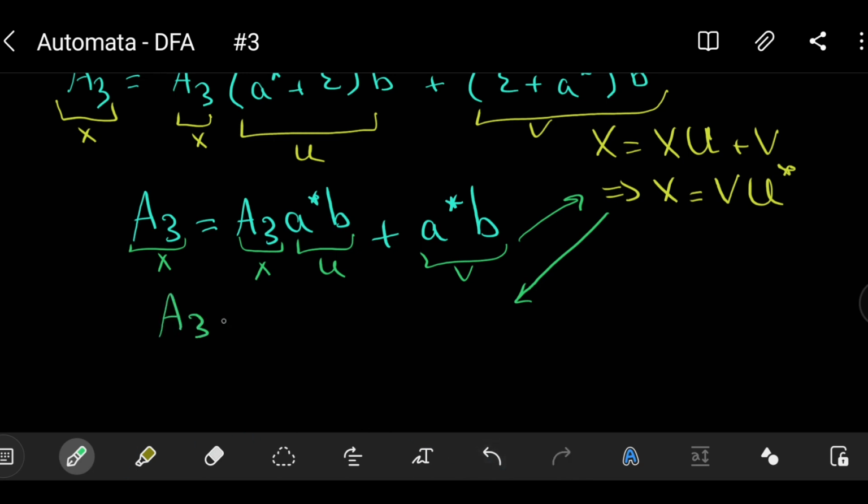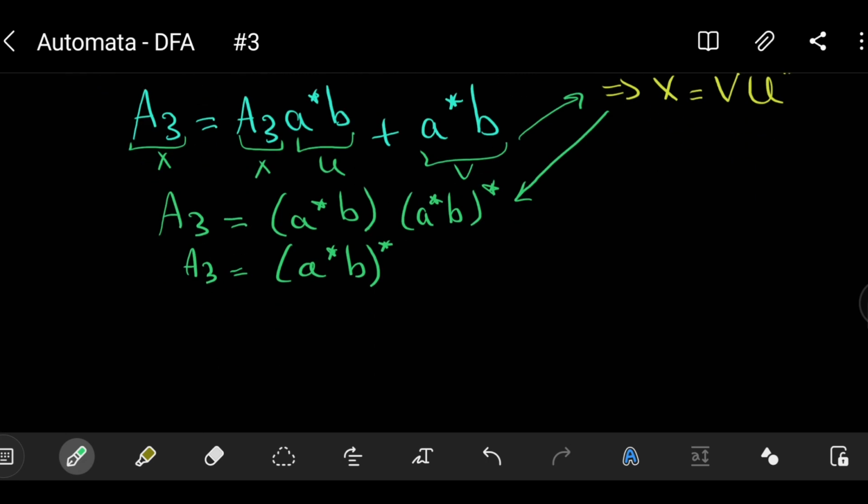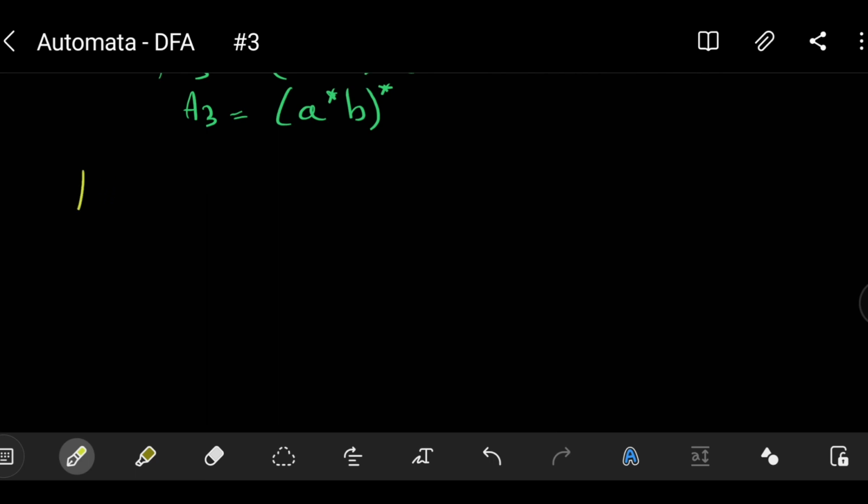And it implies that A3, after applying this rule, A3 equal to A star B into A star B star, and again it is equal to A star B star. Okay, so this is the A3, and therefore the final step for L equal to A1 plus A3 equal to epsilon plus A star B star.